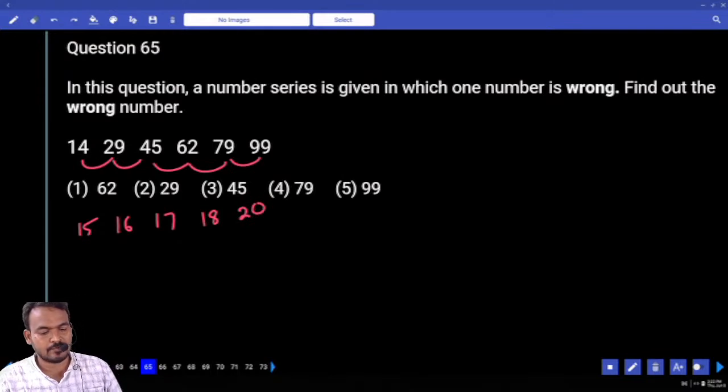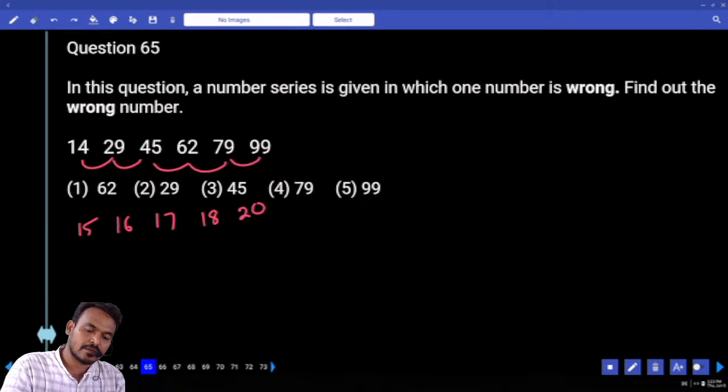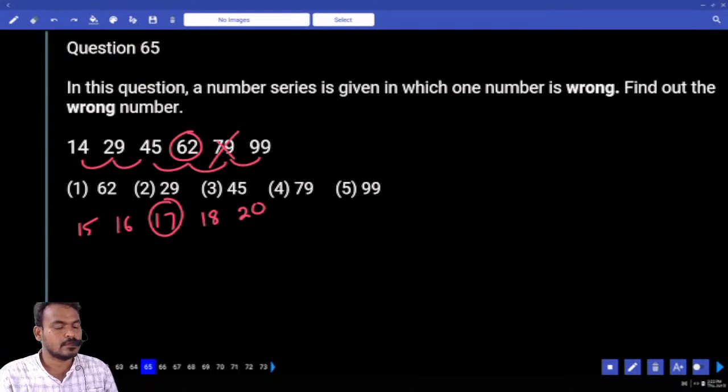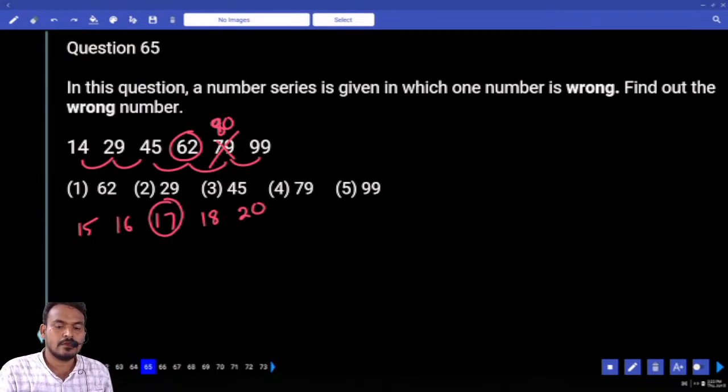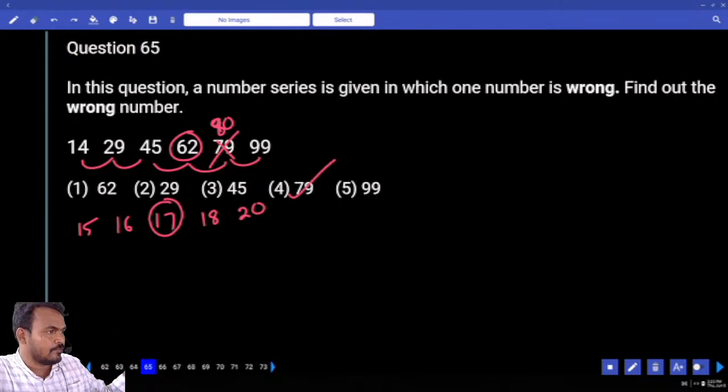What is the sequence? 15, 16, 17, 18. 45 plus 17, 62 correct. 62 and 18 means 62 plus 18, it will be 80. What is the wrong number? 79. First one 15 difference, second one 16, third one 17, next one 18 difference. 62 plus 18 means it will be 80, but here value 79.